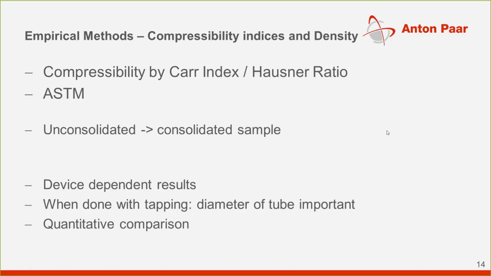Another method is just compacting it with normal stress and then measuring the result. Here, what is quite influencing on the results is actually the device, how it taps the samples. The diameter of the tube will influence this quite strongly. And these are quite relative quantitative values that can be used to compare one powder to another, but it's going to be difficult to actually design something or design a plant with this.